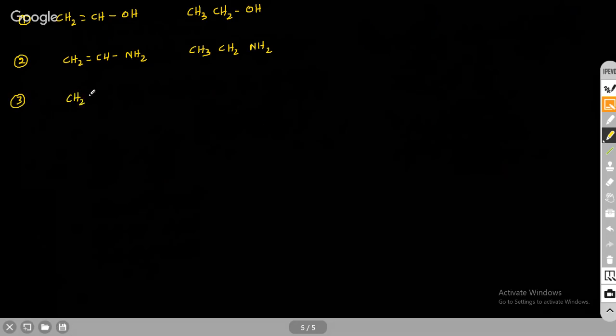CH2 double bond CH2, and CH2 double bond CH, OH. Carbon-carbon bond. This is alpha and this is beta.